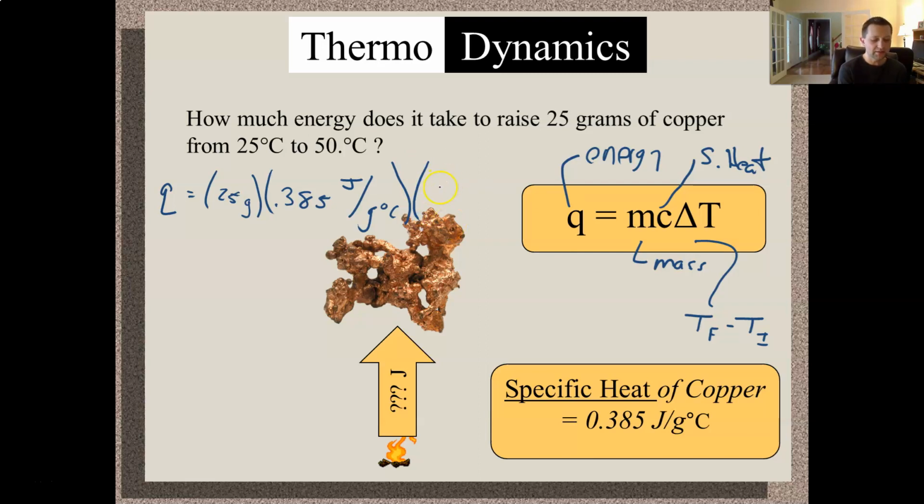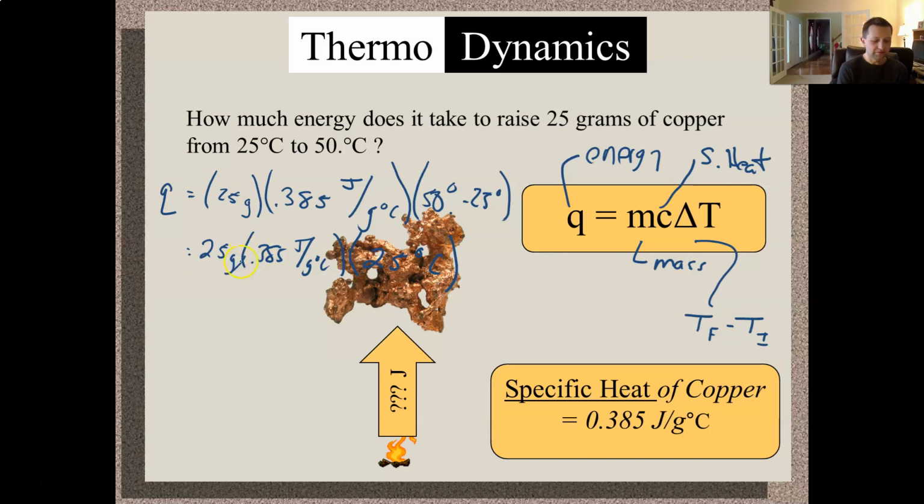Our delta T is going to be 50 degrees minus 25 degrees. Let's simplify this real quick. So we end up with 25 grams times 0.385 joules per gram degree Celsius. This is going into the piece of copper here. And then our delta T was 25 degrees Celsius. Look what happens.